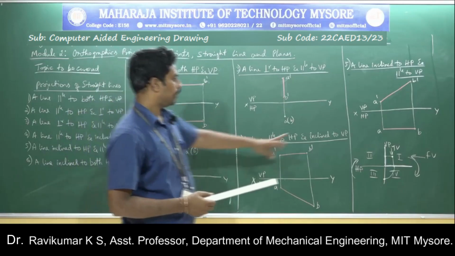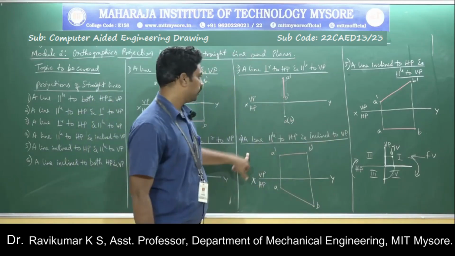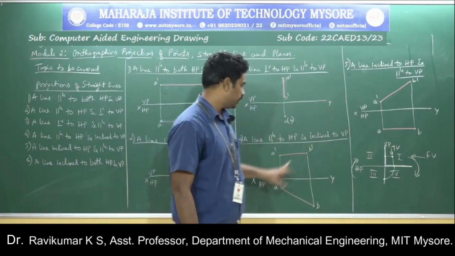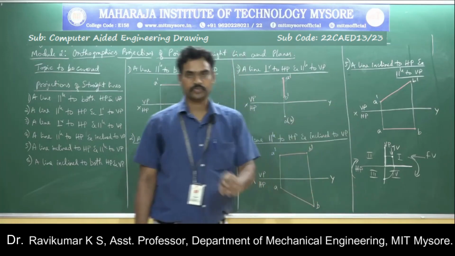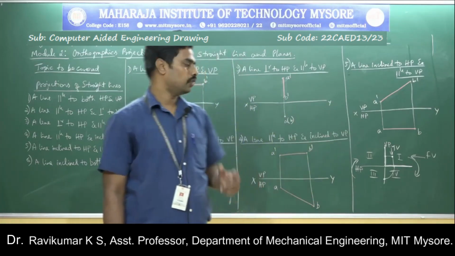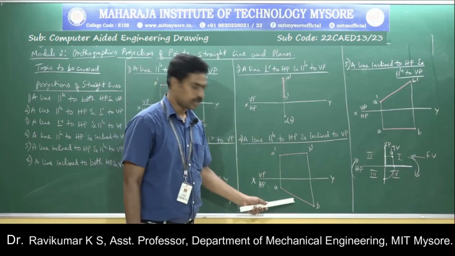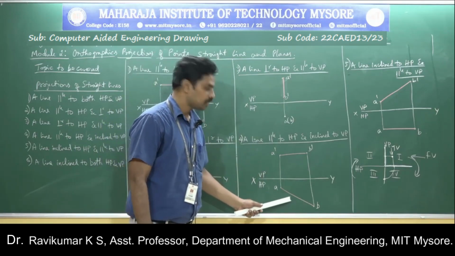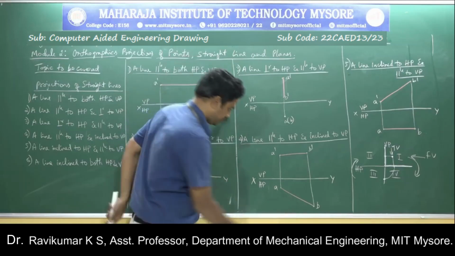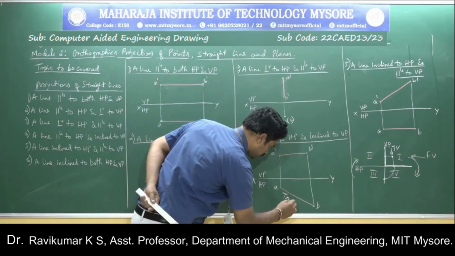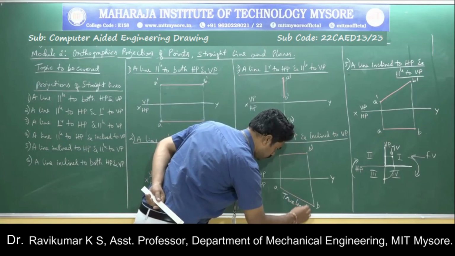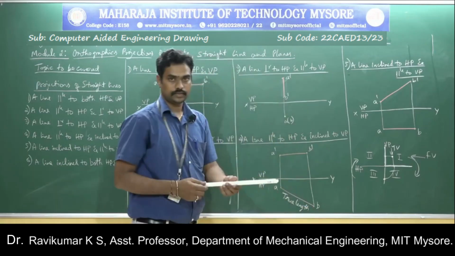Fine. From these two, the fourth one and the fifth one, I can extract some key points. So what are those key points? If you just observe this, this is of its true length, the entire length.